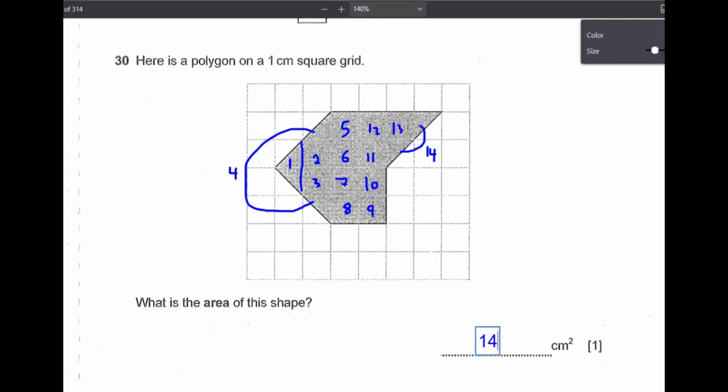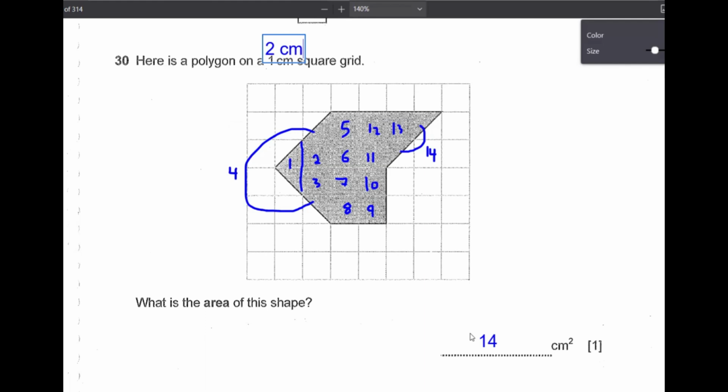I want you to pay attention. Sometimes they could ask this question in a slightly different way. They could say here is a polygon on a 2 centimeter square grid, instead of 1 centimeter square. Sometimes they trick you with this question. If they say 2 centimeter square, after you count 14, you multiply 14 by 2, which is going to be 28 centimeter square.